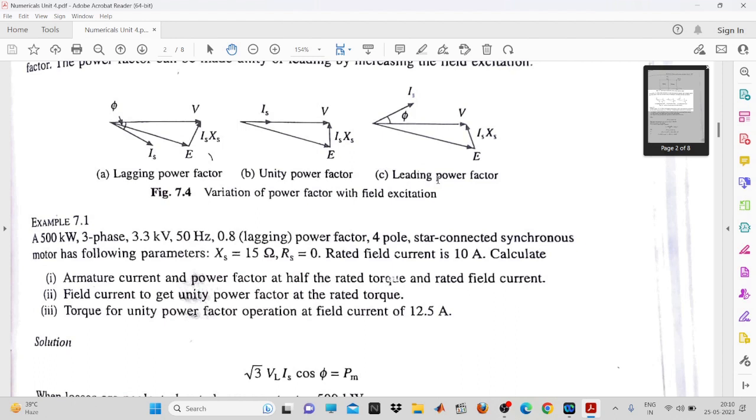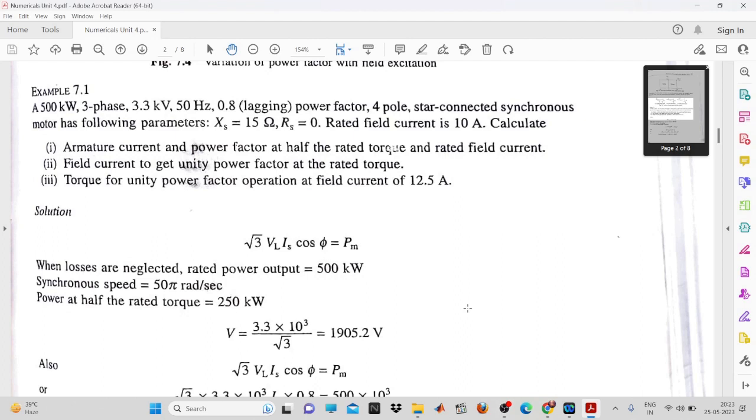So in this way, you can vary the power factor by just varying the field excitation. What is the field excitation? In the rotor, you have the field winding. The supply to the field winding can be varied, and accordingly the power factor angle can be varied, and your synchronous motor is going to operate in three different power factors.